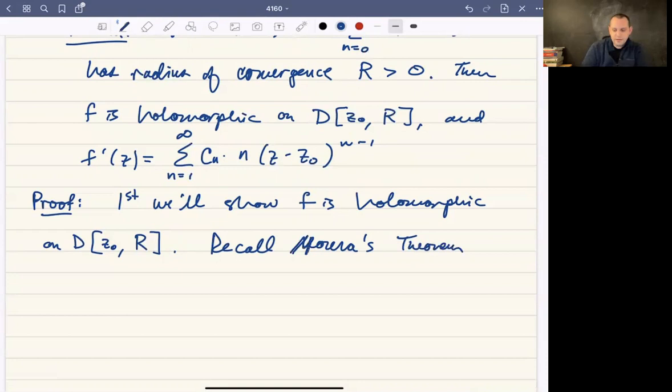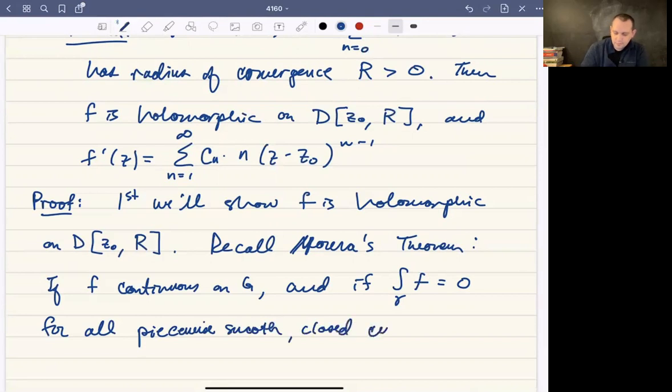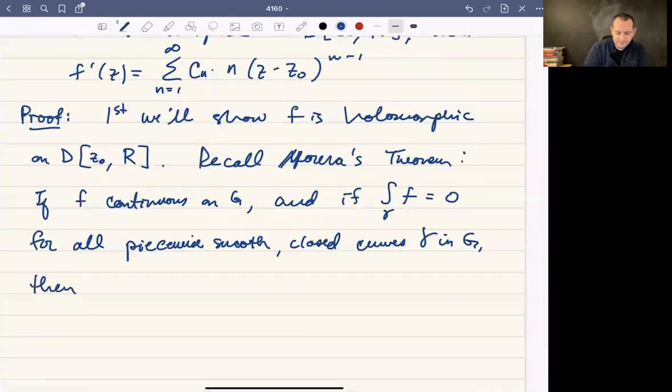What Morera's theorem says is that if f is continuous on G, and if f satisfies that this integral is 0 for all piecewise smooth closed curves gamma in G, then f is holomorphic in G.